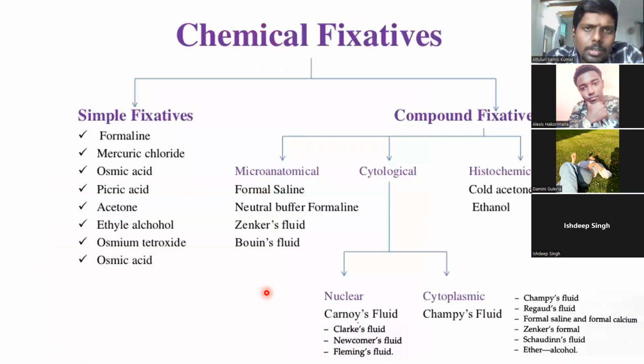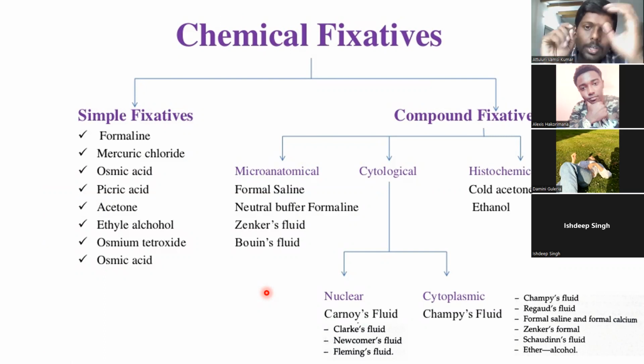Now, how are these chemical fixatives further classified? They are classified depending upon their complexity. If the fixative solution has only one component or ingredient, such fixatives are called simple fixatives.